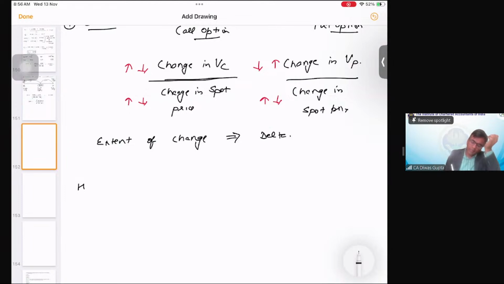D1 factor calculation. Yes, very good. So the hedging ratio is also a delta only. So which is N(D1) and minus N(minus D1), right? So this was for call option, this was for put option.